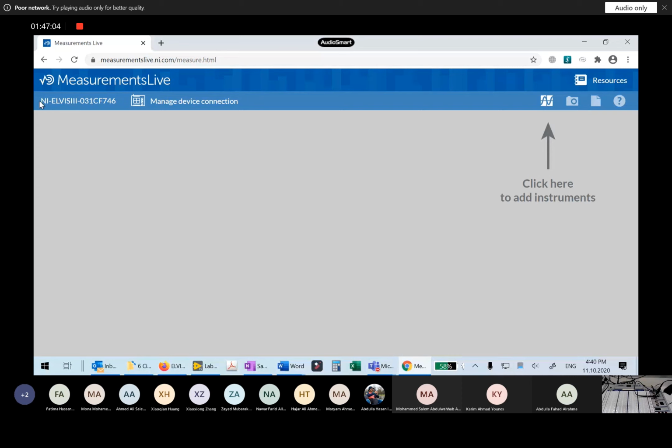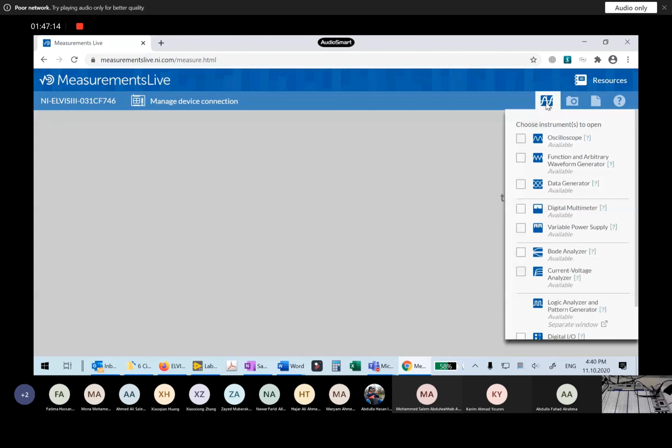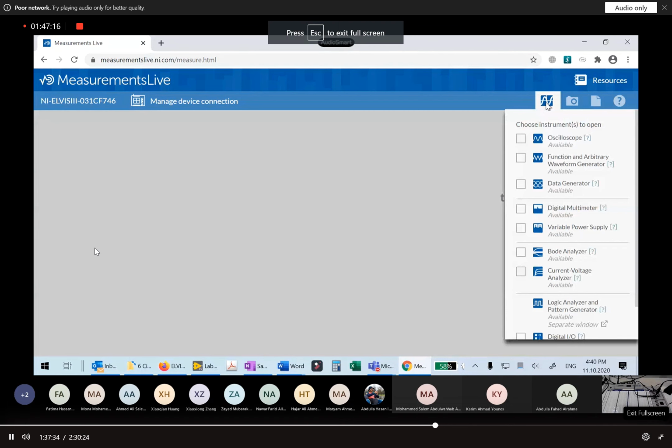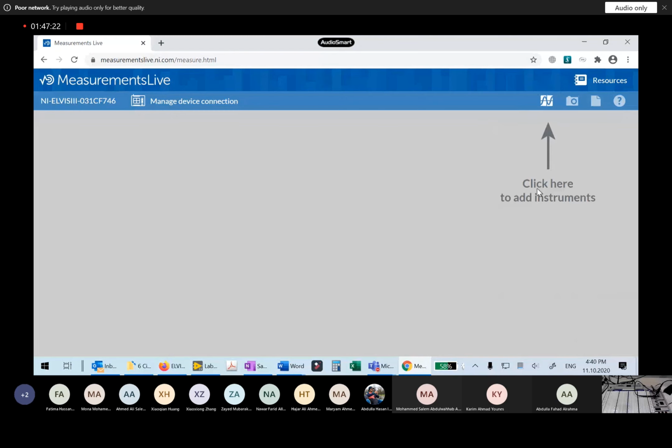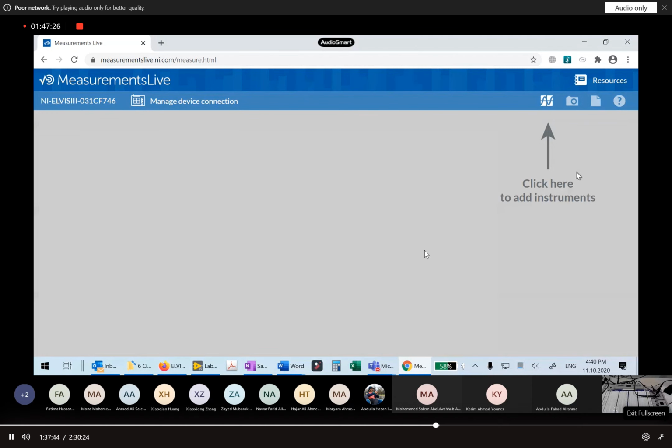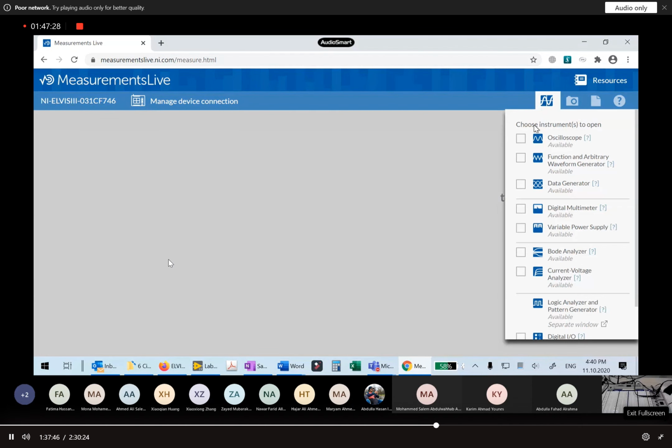So how do I know if I'm connected? Here you will see that you have an ELVIS III and some serial number for that device. Here on the right, we switch back to the screen. I see it says click here to add instruments. If you click this one here, now you have a lot of instruments that you can choose from.